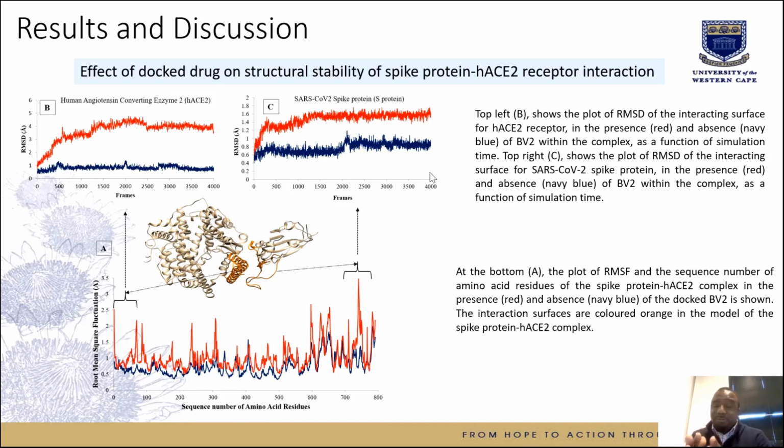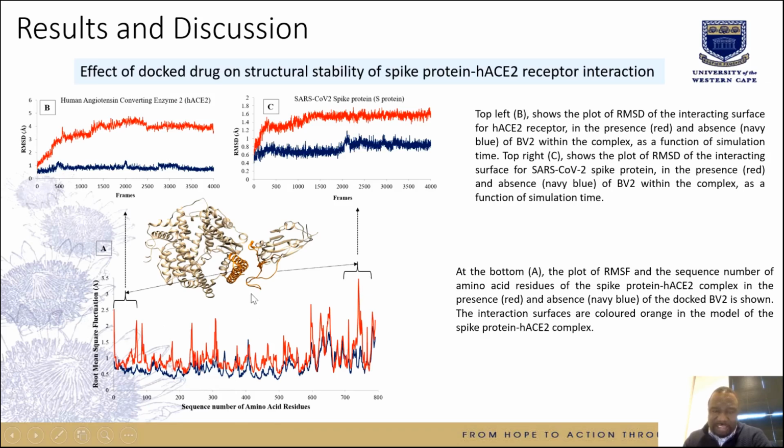If you look at the video, when they're coming together, the flexibility is a lot more because of the presence of that DUCT compound. And when we take a closer look at the amino acids, especially the interacting surface of the complex, you see that most of the amino acids on the interacting surface are constantly fluctuating.